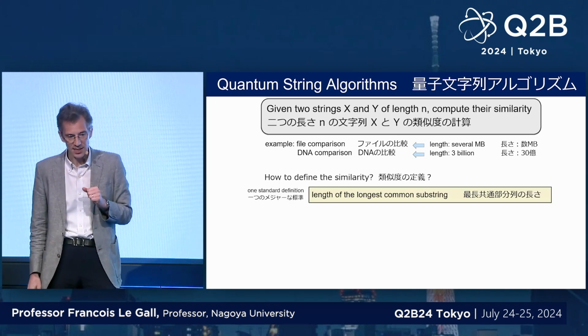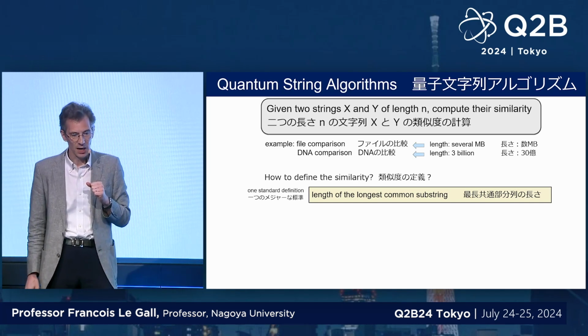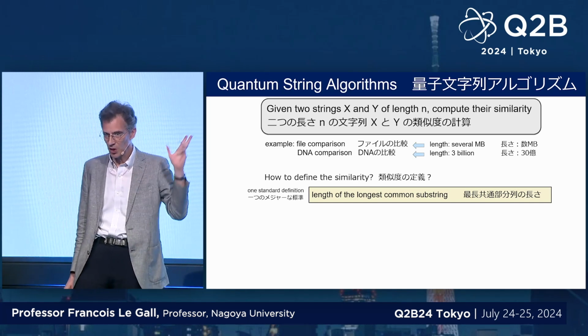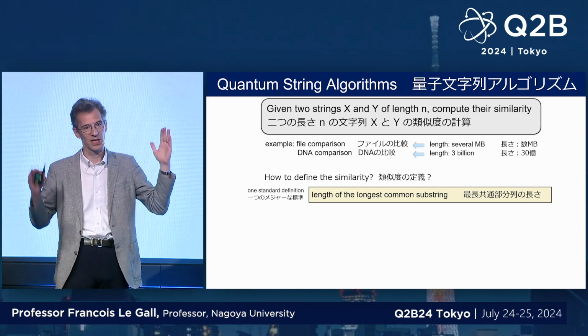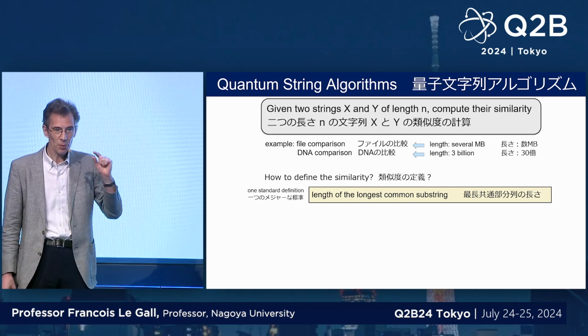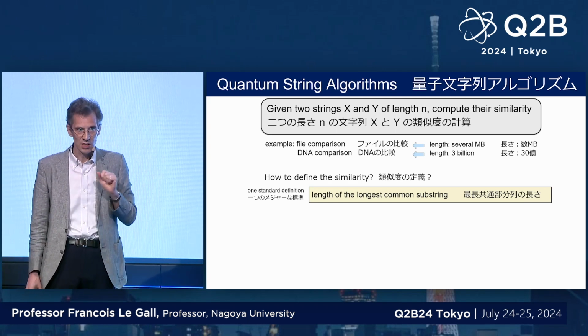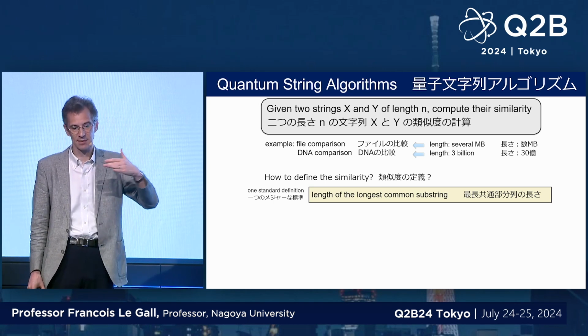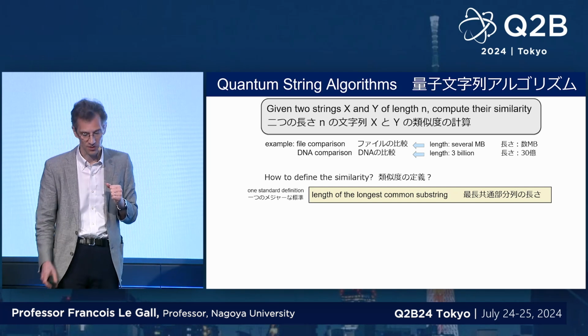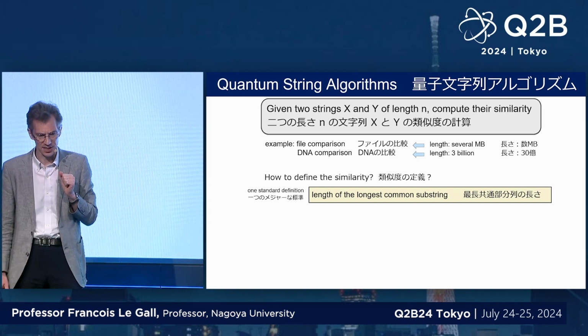Of course, we can ask how to define the similarity. There are many possible definitions, but here I will consider one of the simplest, the length of the longest common substring of the two strings. And the point is that for applications, the strings are very long. For example, DNA has length in the billions, 3 billion or something like that. So you really want to design fast algorithms.